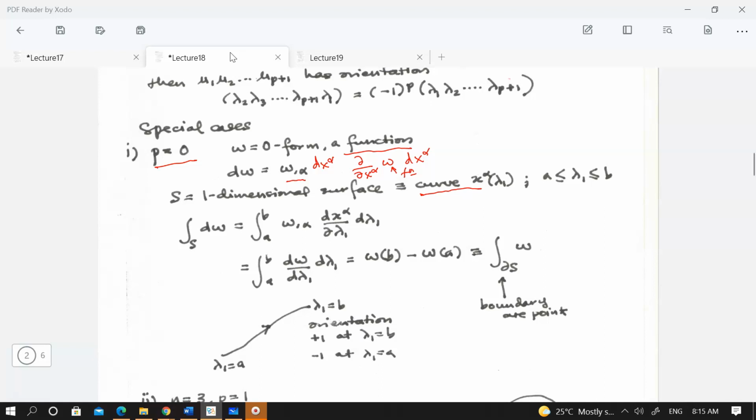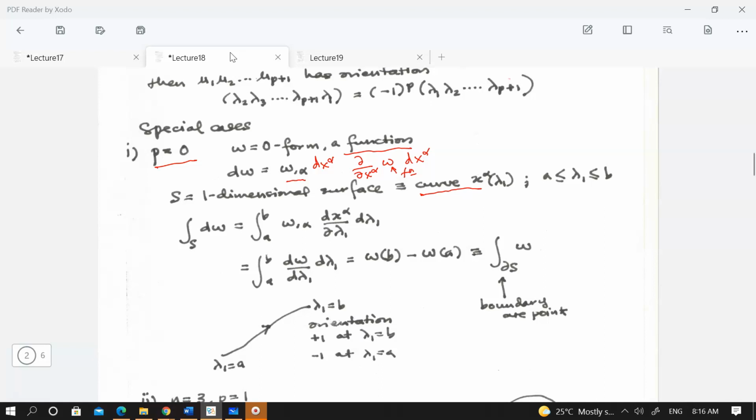If you take the right hand side just now, this has to be the exterior derivative of omega, which is now a function. So this becomes a one form, and it's being integrated over a one-dimensional curve.